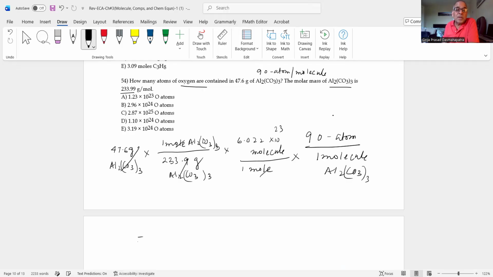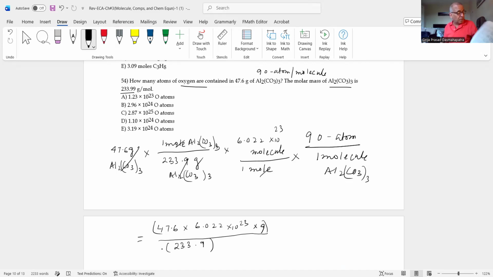So if you put all of them in the calculator, all the numbers on the top in one line, again I will tell you, put a parenthesis. Without parenthesis, it will be difficult for you. And then put a parenthesis on the denominator also, 233.9.